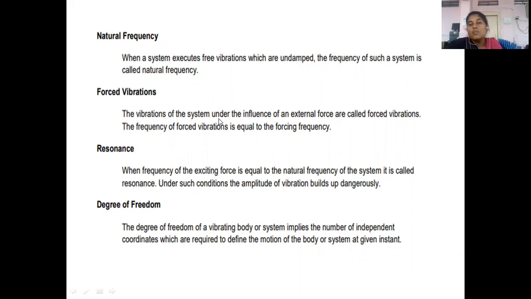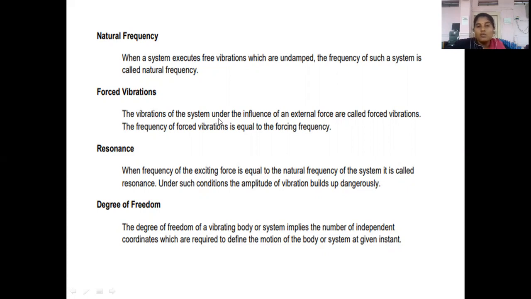Next is forced vibration; we already know that terminology.